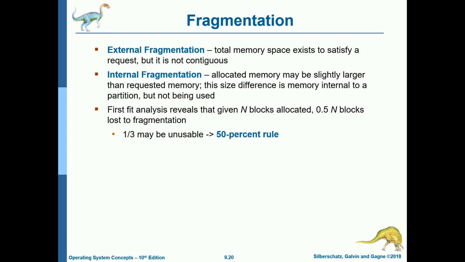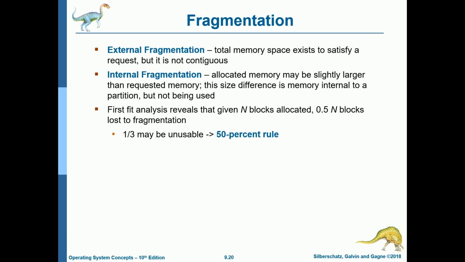Memory fragmentation can be internal as well. Consider a multiple partition allocation scheme with a hole that is 18,464 bytes. Now, suppose that the next process requests 18,462 bytes. If we were to allocate exactly the requested block, then we're left over with a hole of size 2 bytes. The overhead to keep track of this hole will be substantially larger than the hole itself.